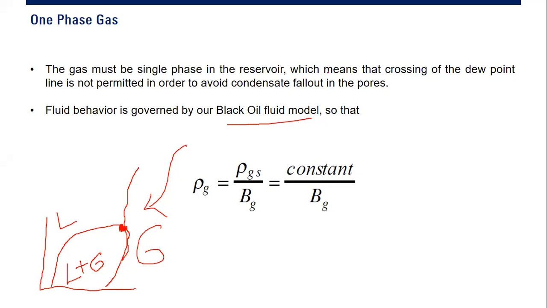Dengan black oil model kita tidak perlu menjabarkan methane, ethane, propane, and so on. We just need to say oil specific gravity, gas specific gravity, water specific gravity. Now we start with the simpler one, so we use the black oil model. So remember we have the density of gas, it's a constant divided by the formation volume factor of gas. So it's very simple.